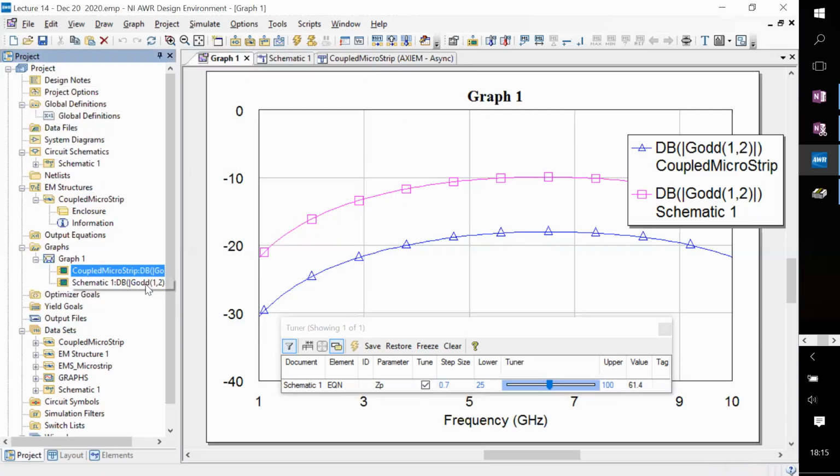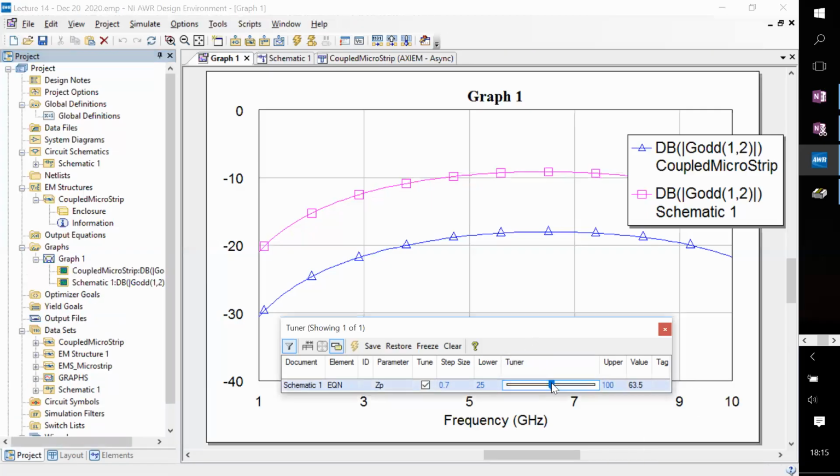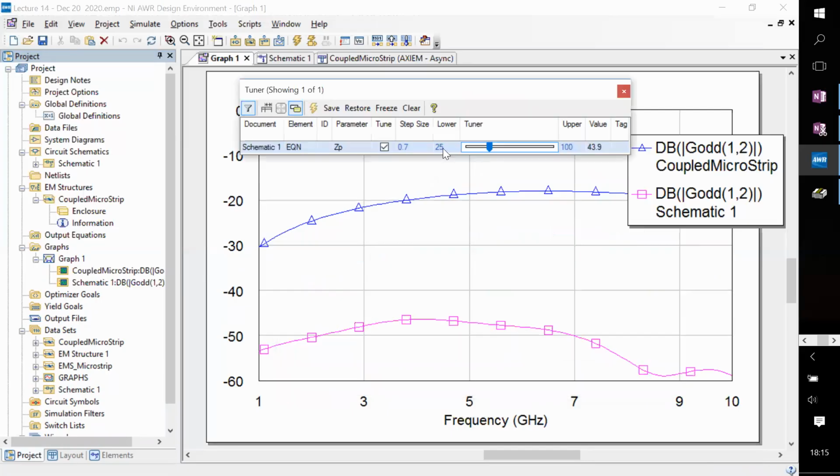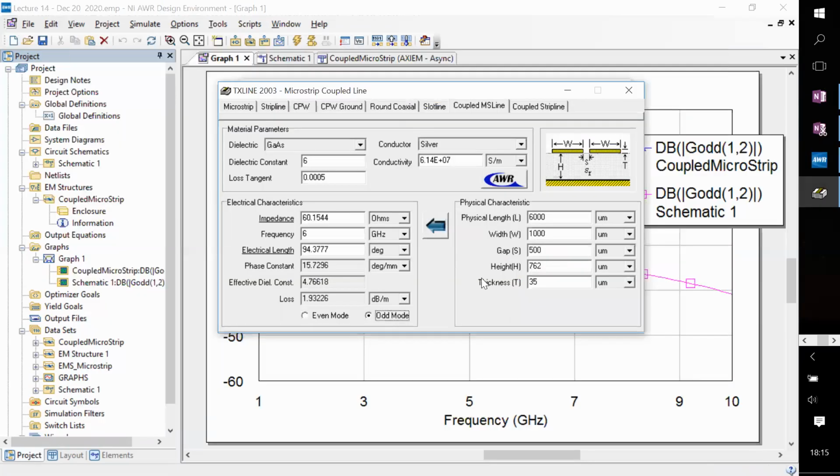G odd. So it's showing a small value around 40 ohms, which is what we had seen here.